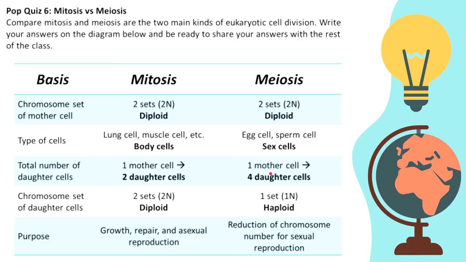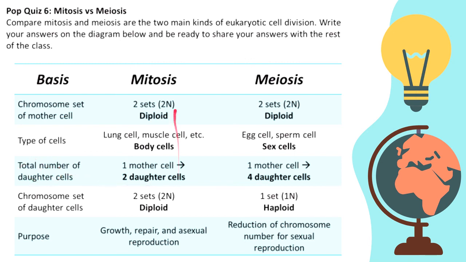So these are more different comparisons of mitosis and meiosis. So in terms of chromosome set of the mother or parent cell, you both start with diploid in mitosis and meiosis. What type of cells perform mitosis? Body cells, such as lung, muscle, brain, internal organ cells, while meiosis is performed by sex cells, egg and sperm.